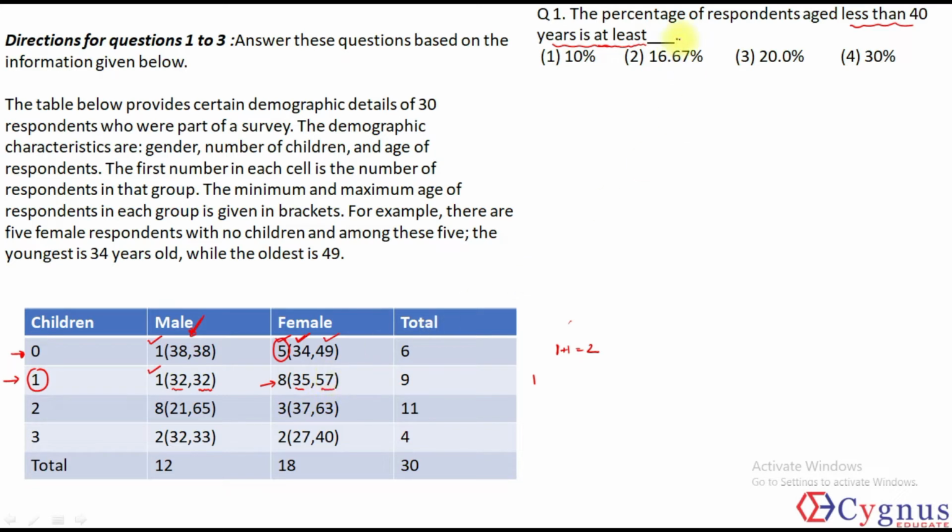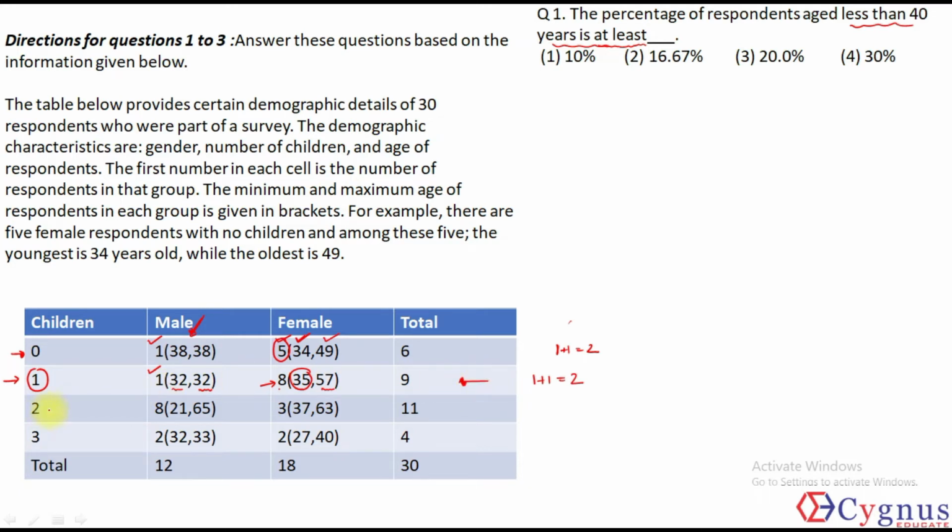So what do you want? The number of respondents aged less than 40 years is at least. So I'll assume that only one person is 35 years old and the remaining 7 people are more than 40 years old. So I'll get one from here again. There are 2 people in this age group who are less than 40 years.